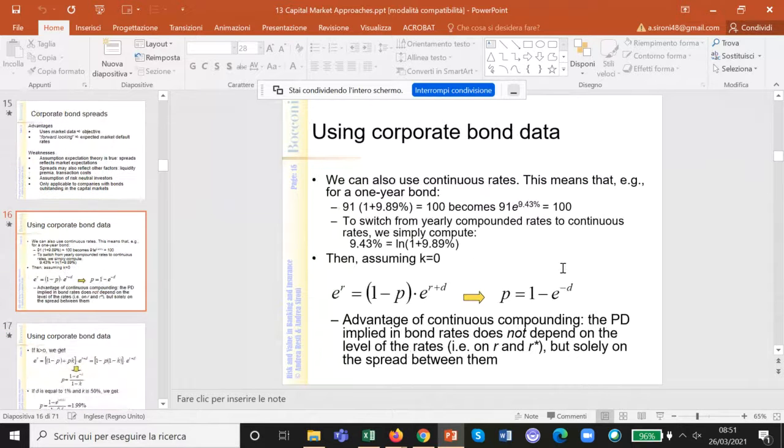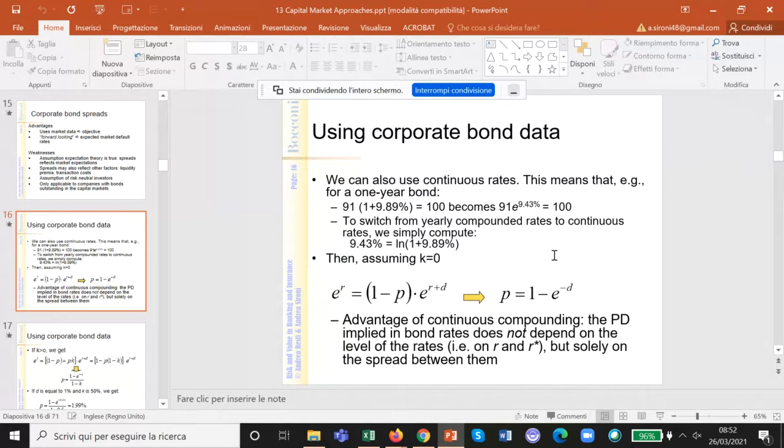Now, before we move on, let me just mention that we used simple compounding, but of course we can also use continuous compounding. Here you have a few examples. The equation to estimate PD is the one you see here: the probability of default is 1 minus the exponential of minus d, where d is the spread.